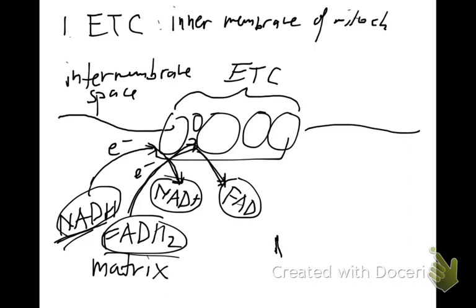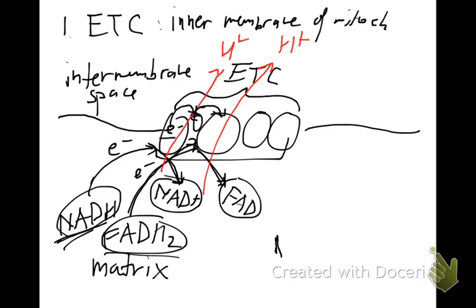Now once the electrons are safely given, this very interesting phenomenon happens, where hydrogen ions will be forced to pump across into the intermembrane space. The reason this happens is that when the electrons bind to these proteins, they want to jump to the next one.